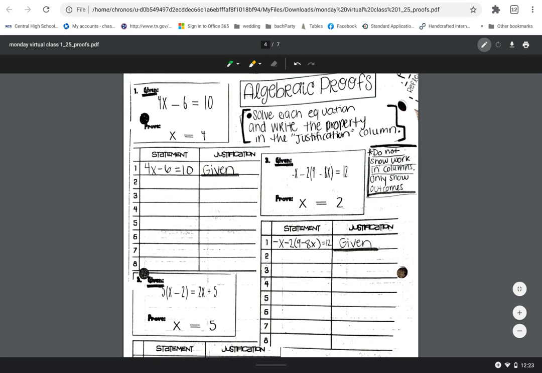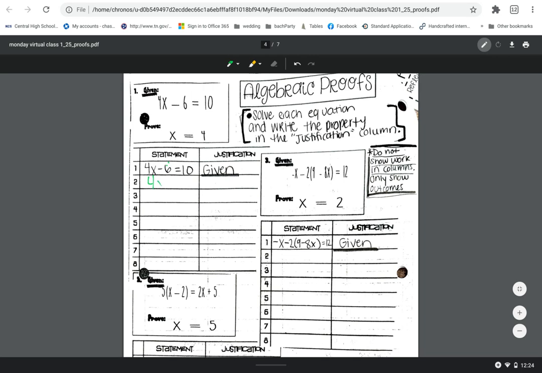Algebraic proofs. So what you're going to do is basically solve, but you don't write your steps in between, okay? So your first thing is always given. So what would be my next step? Well, if I were to solve, I would add that 6 to both sides.